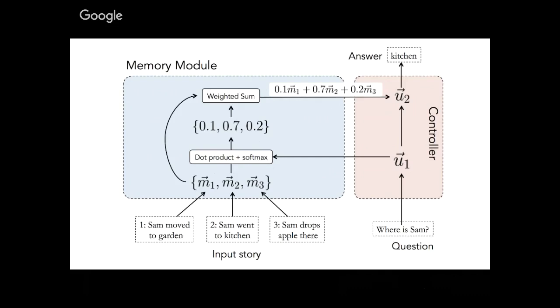0.7 is due to the question where it's sent. Yeah, where it's sent. But then you see the final answer is 0.1 times M1 plus 0.7 times M2. And then M2 in the storage should be corresponding to kitchen. Yeah. Doesn't M2 correspond to the embedding of the sentence 'Sam went to the kitchen'? Maybe.